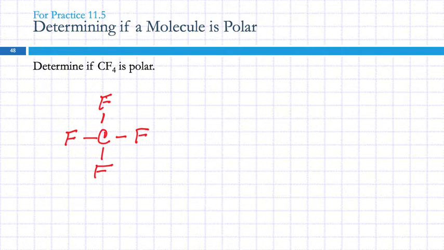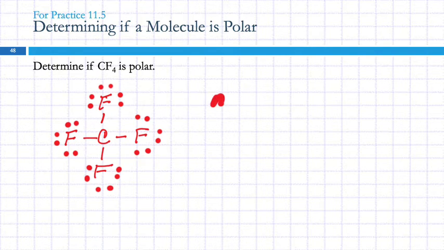And then if we go through the whole thing and do all the lone pairs and stuff, we'll end up with this. So then we ask ourselves the 2 questions. Are there any lone pairs on the central atom? No. Are the atoms bonded to the central atom the same? Yes. So that tells me this is nonpolar.